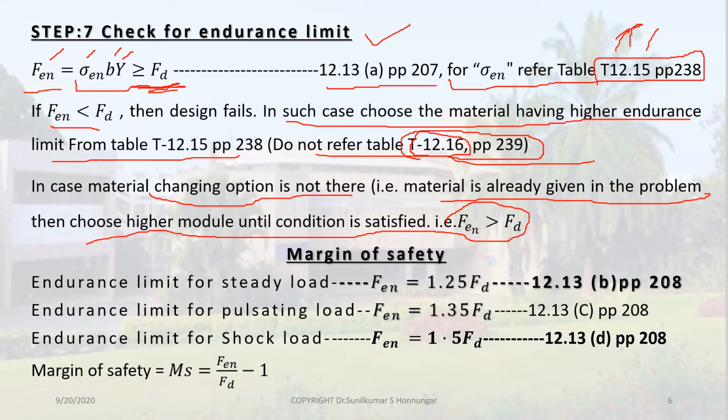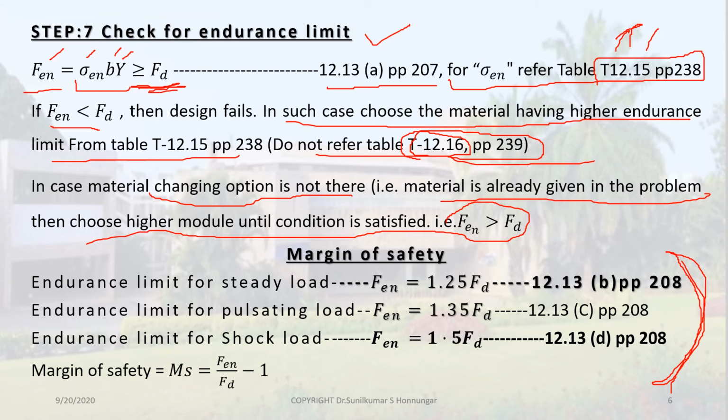And again, one more thing you should remember in your professional life. Generally, we speak of margin of safety. What is this margin of safety? It is as good as a factor of safety, similar to that. Suppose you enter the design arena, while doing the gear design, you do this.